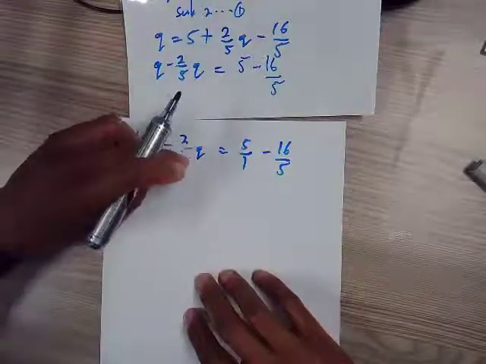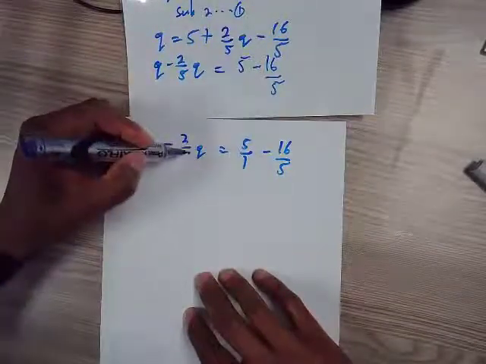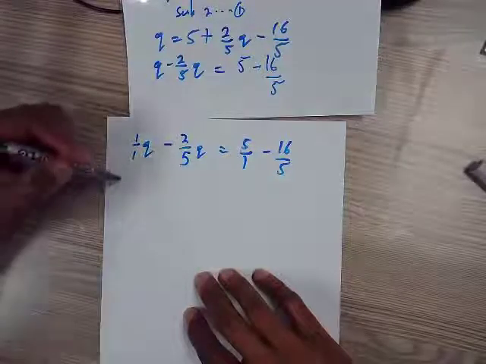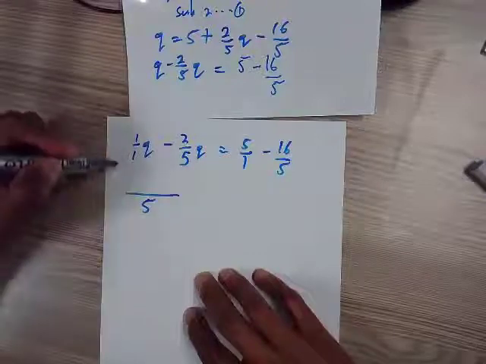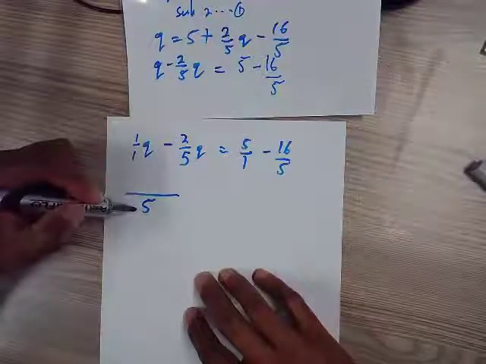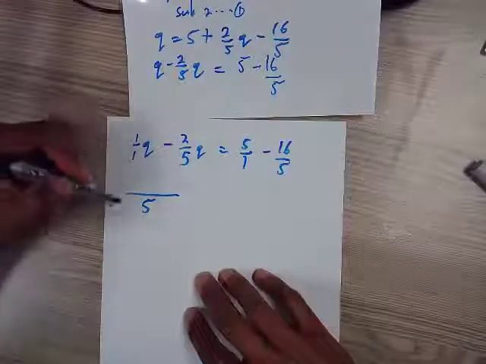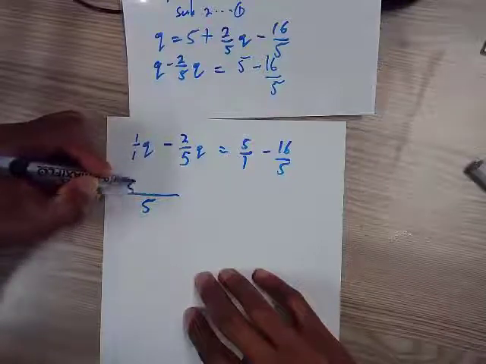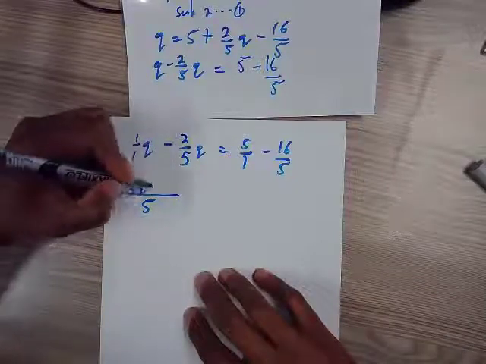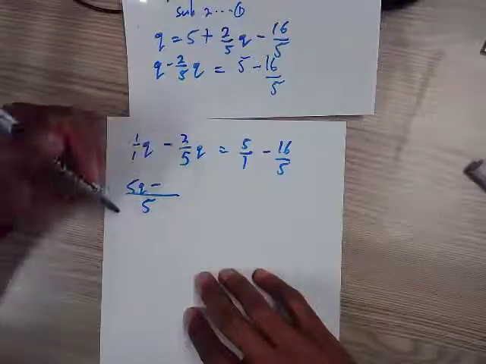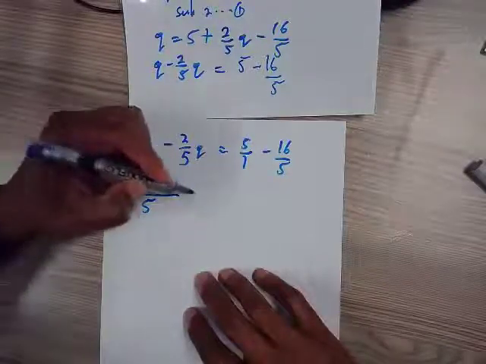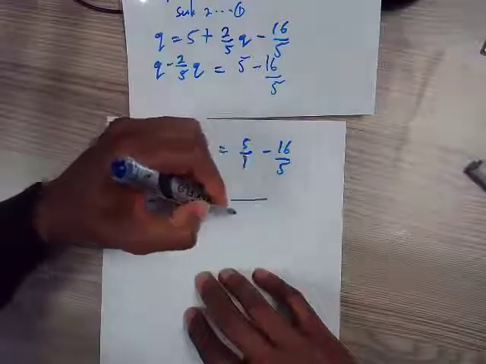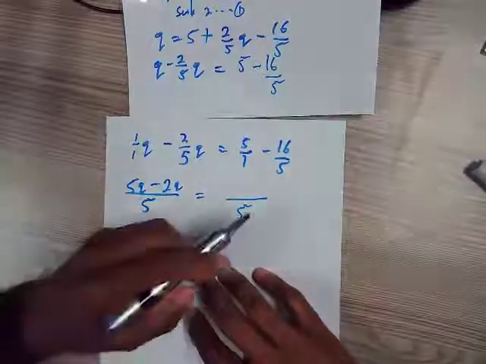This is 5 here, sorry. LCD 5. 1 into 5 times 1, 5, and you take down the q, you minus 5 into 5, 1 times 2q equals, denominator again here, it's 5.